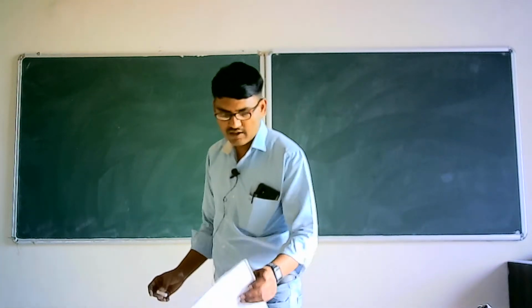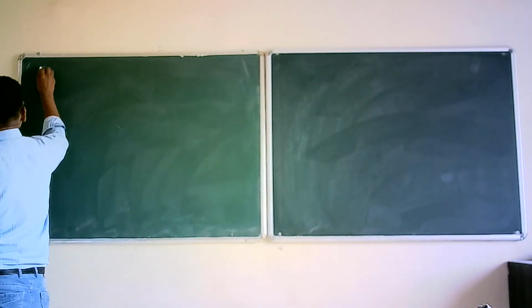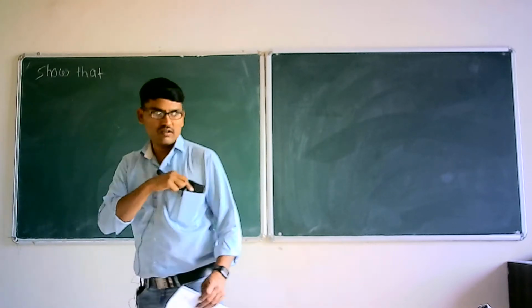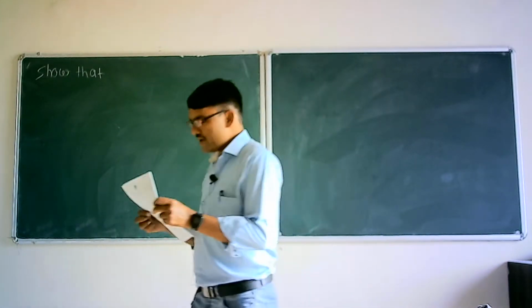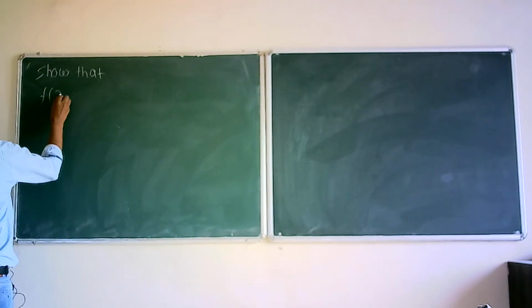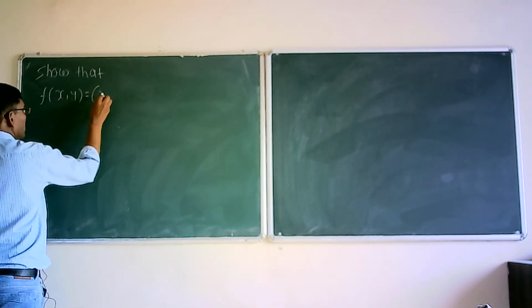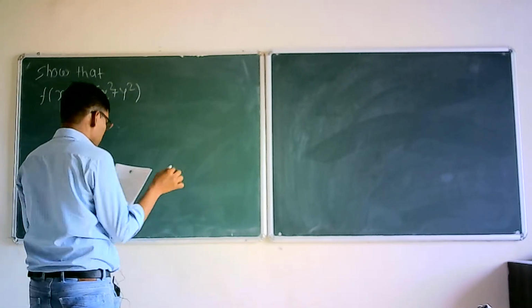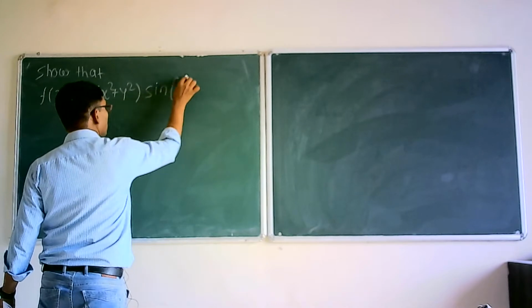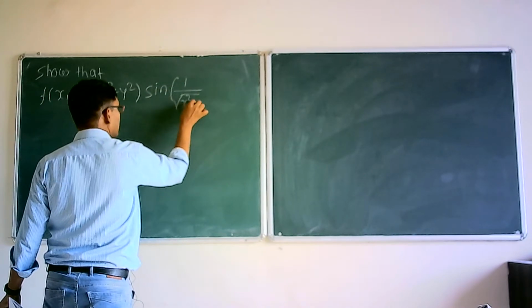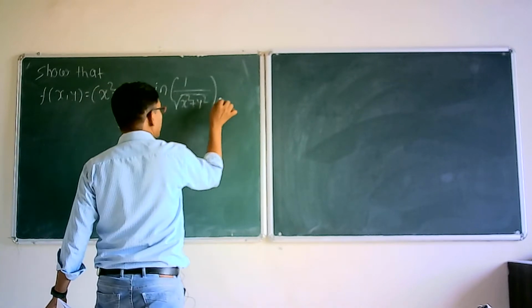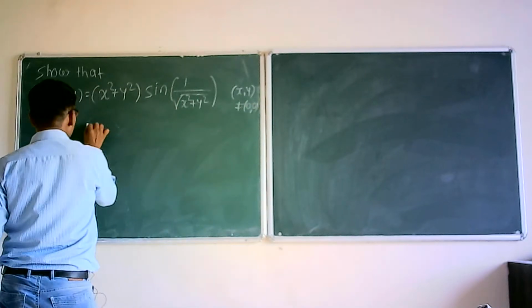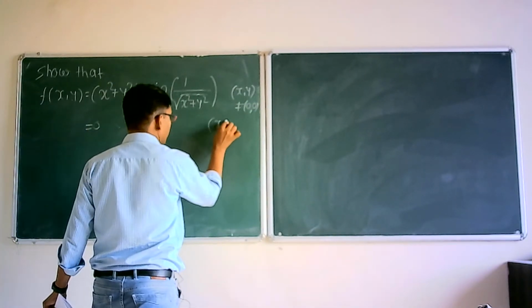Now consider an example. Show that f(x,y) = (x² + y²) sin(1/√(x² + y²)) if (x,y) is not equal to (0,0), and equal to 0 if (x,y) = (0,0).